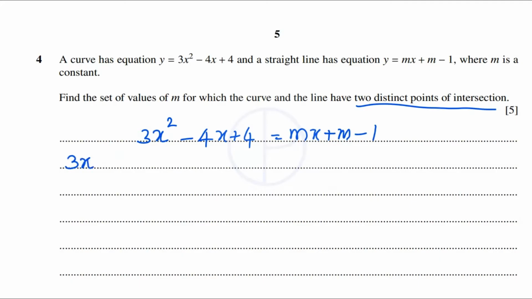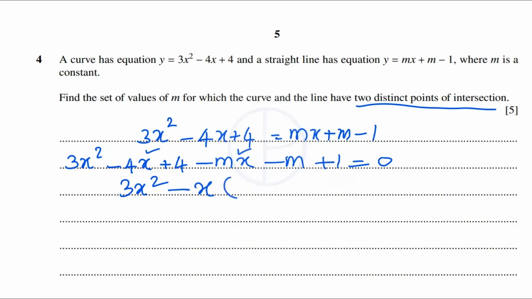So 3x square minus 4x plus 4 minus mx minus m plus 1 equal to 0. Now combine the like terms. 3x square, let's combine the x terms, minus x of 4 plus m, plus 4 plus 1 is 5 minus m equal to 0.